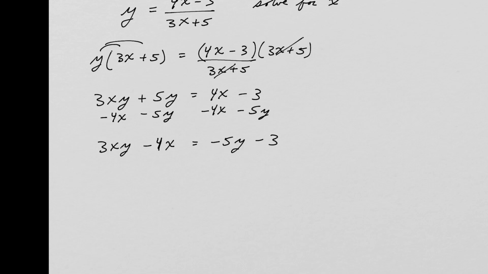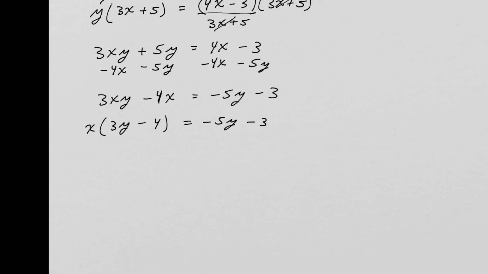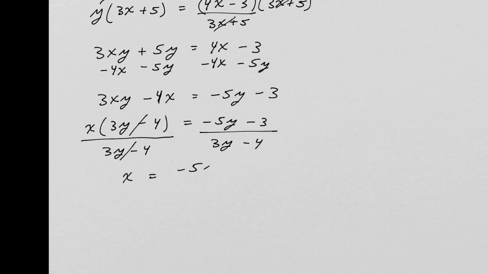I can factor out an x. It's common to both terms, so I can pull an x out front. I'm left with 3y minus 4. And then finally, I can divide both sides by 3y minus 4. So this cancels again. And now I have x is equal to (negative 5y minus 3) over (3y minus 4).